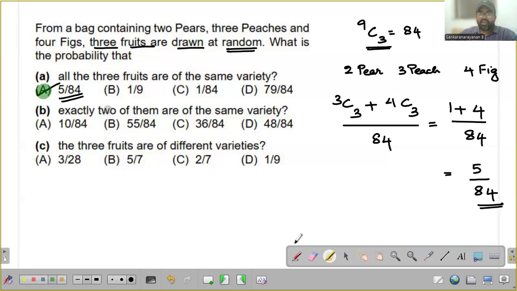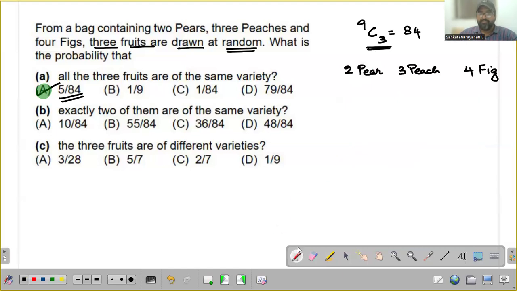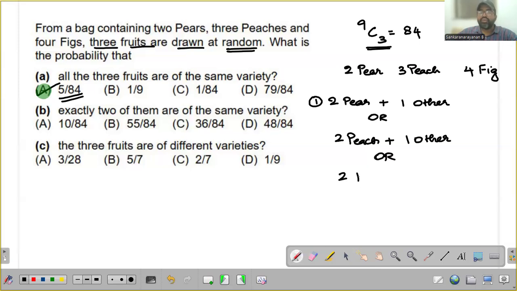Now let us focus on the second one that is presented. Exactly two of them belong to the same variety. So I can think of possibilities like this: 2 pear and one other, or 2 peach and one other, or 2 fig and one other, out of this 84.